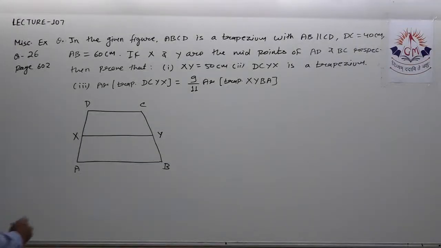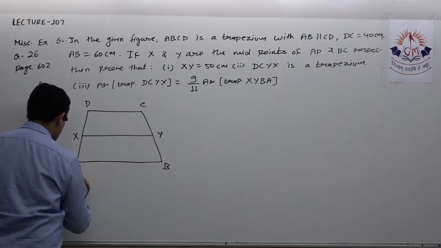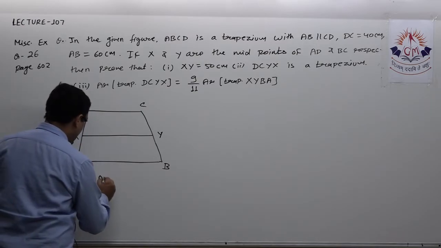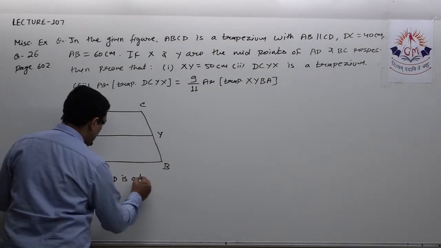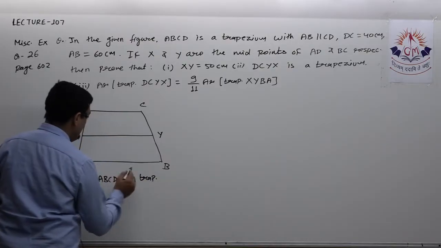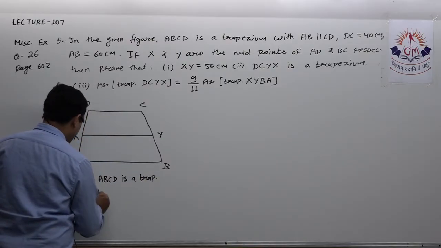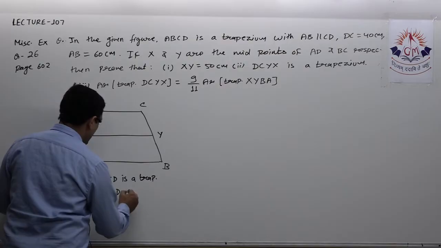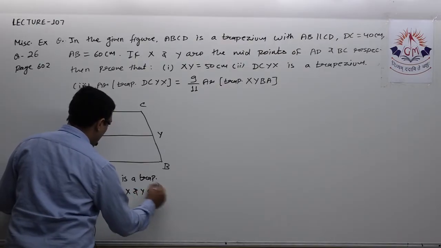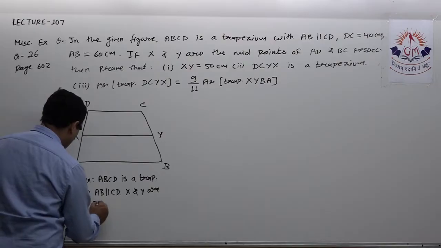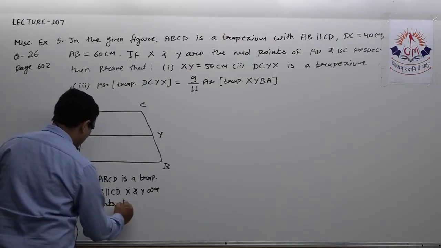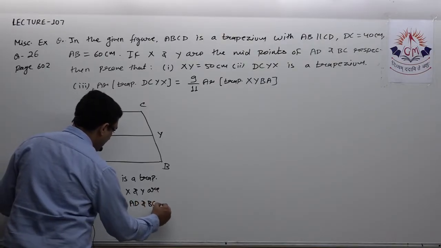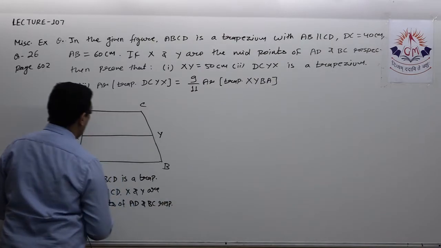We'll start with the given. ABCD is a trapezium with AB parallel to CD. X and Y are midpoints of AD and BC respectively.